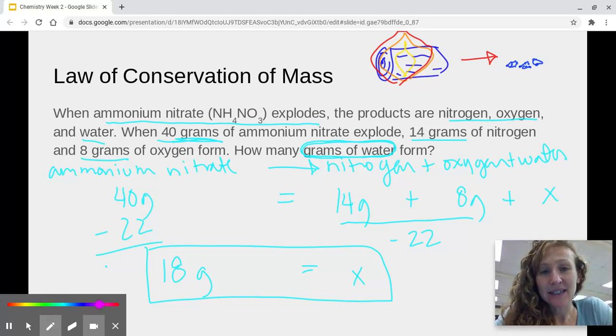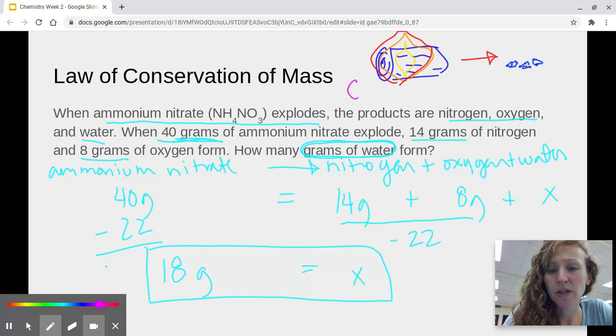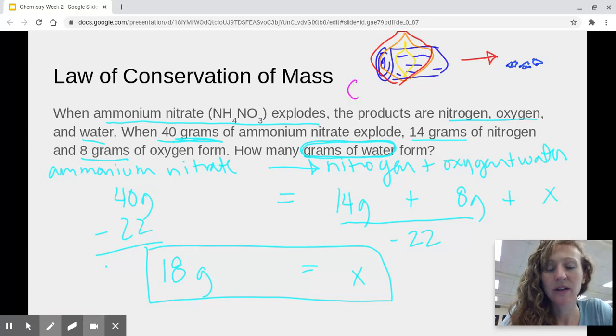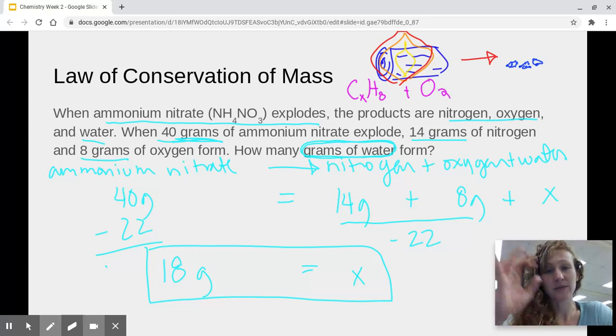And the answer is, anytime you burn something, you always produce two things. So this is why chemical reactions can be a little bit deceptive. When we burn something like wood, it's going to be a hydrocarbon. So we're going to have a certain amount of carbons and a certain amount of hydrogens. It actually gains mass from the atmosphere because the oxygen in the atmosphere is part of our reaction.